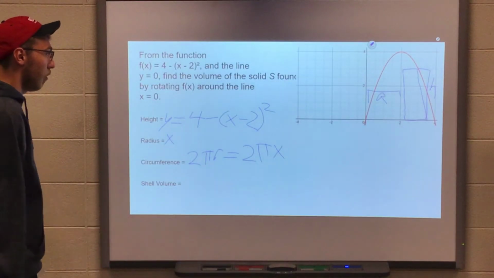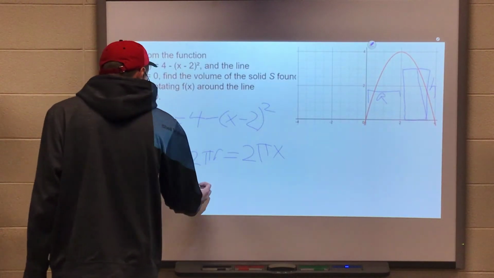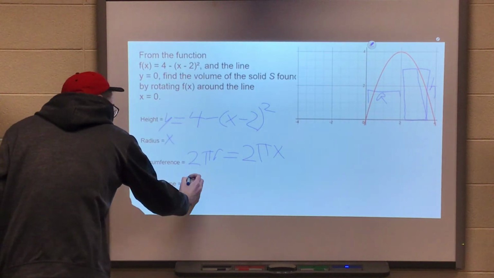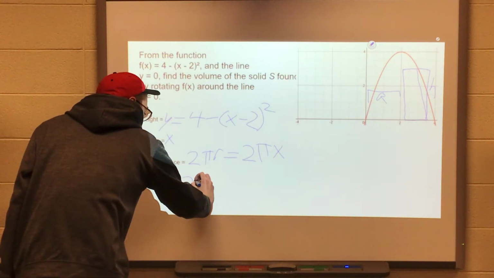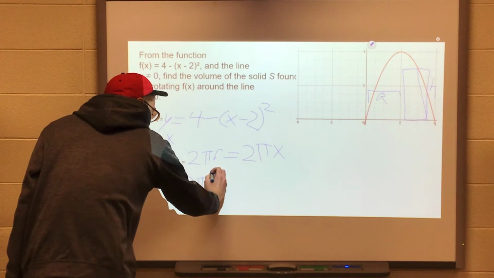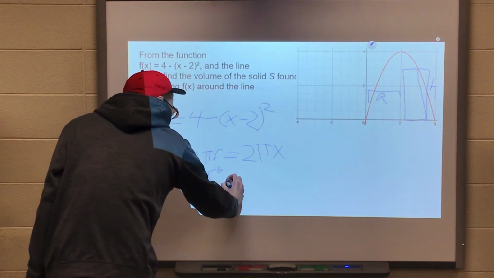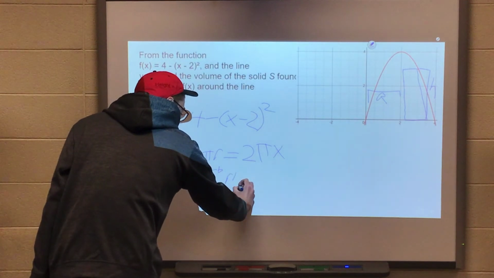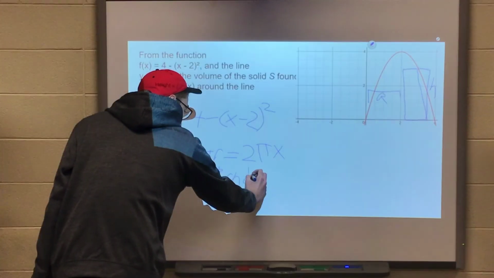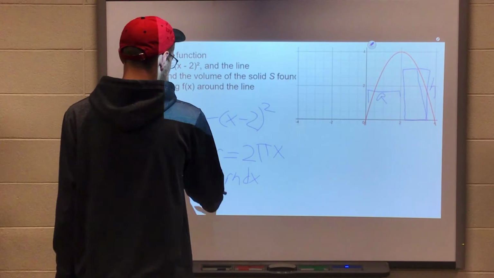Then the shell volume equation would be 2 pi, integral from a to b, radius times height dx, which we would just put into the equation.